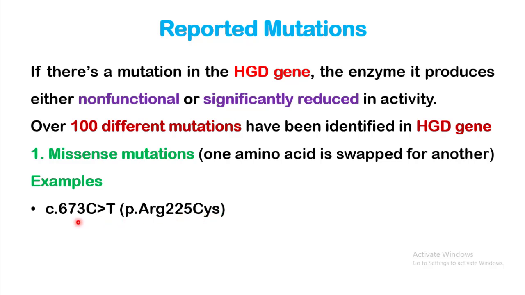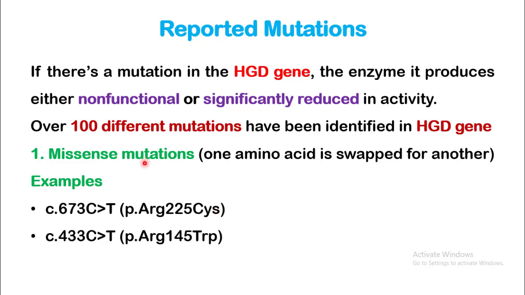So you can say that because of the change of the cytosine into thymine at position number 673, that is going to change the arginine at position number 225 into the cysteine. So as you have swapped one amino acid for another one, this is known as the missense mutation.